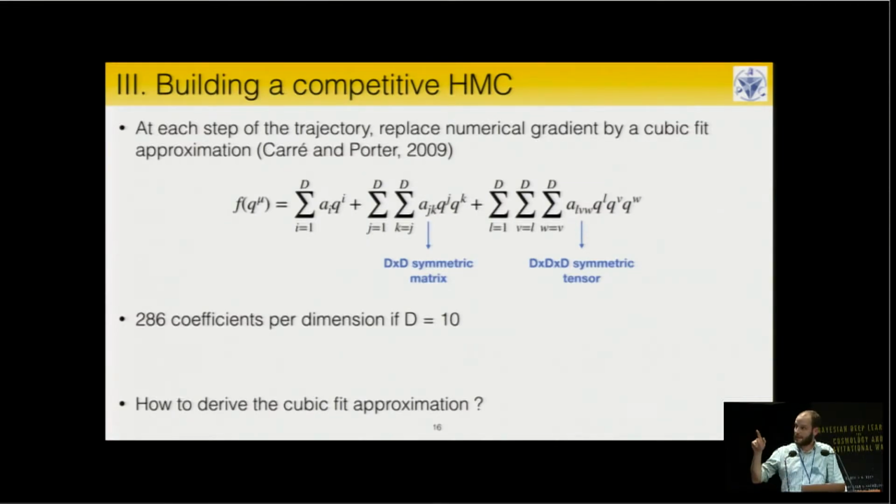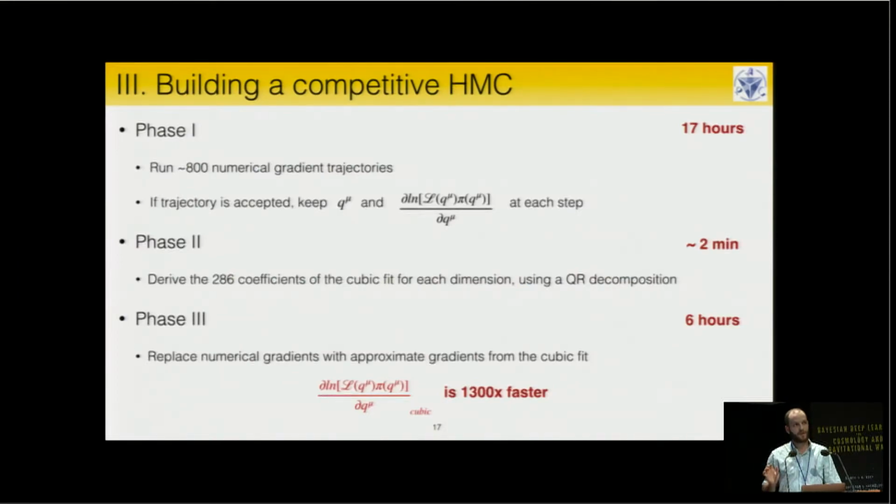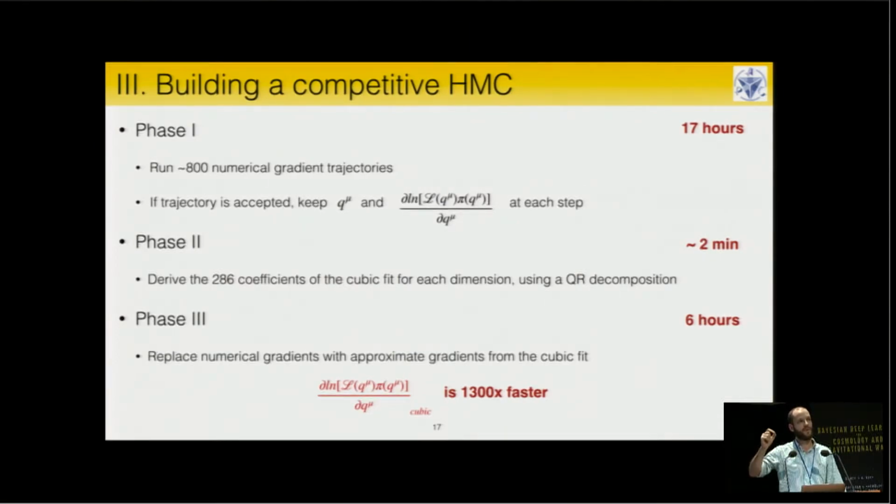The symmetry in d dimensions means that for each gradient you have 286 coefficients, so 10 times 286 coefficients to derive. And so how do you derive them then? Well, the idea is to split the algorithm into 3 distinct phases. In the first phase, we're going to run several hundred numerical trajectories, and at each point of them, we're going to record the position and the values of the 10 gradients.